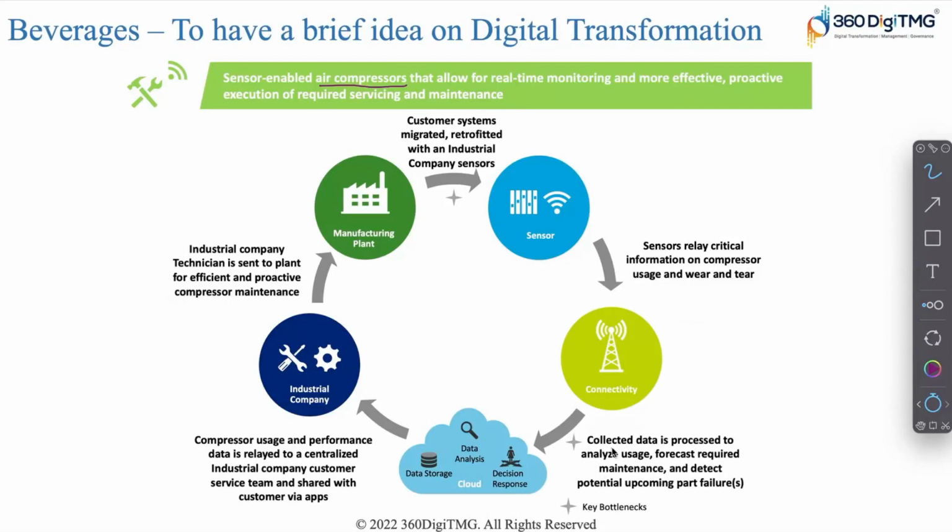Once you capture the data, you use that data to analyze further, and you'll be able to predict when a machine might fail, when your air compressor component might fail. And then you can also forecast the future maintenance.